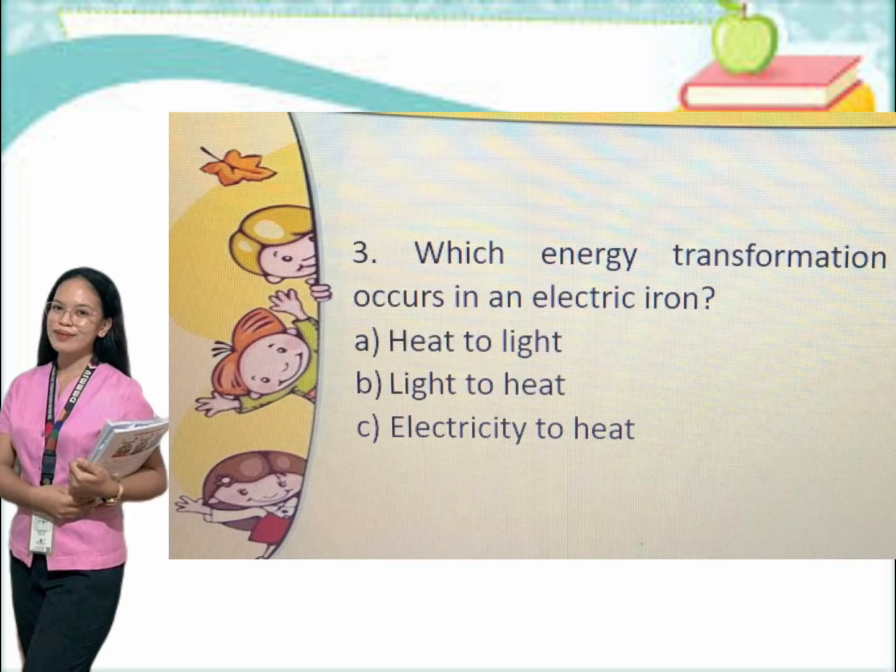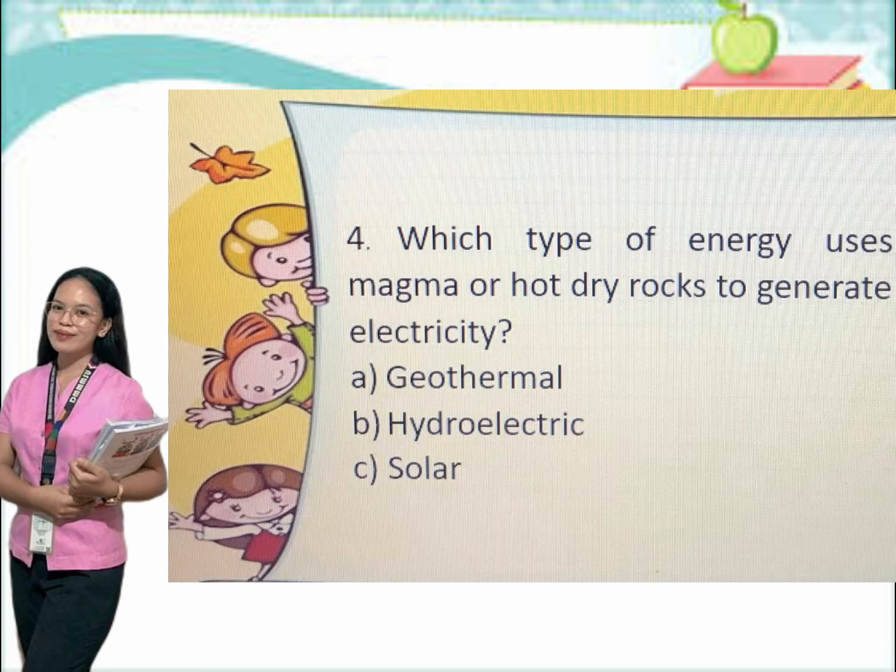Number 3. Which energy transformation occurs in an electric iron? A. Heat to light. B. Light to heat. C. Electricity to heat. Number 4. Which type of energy uses magma or hot dry rocks to generate electricity? A. Geothermal.